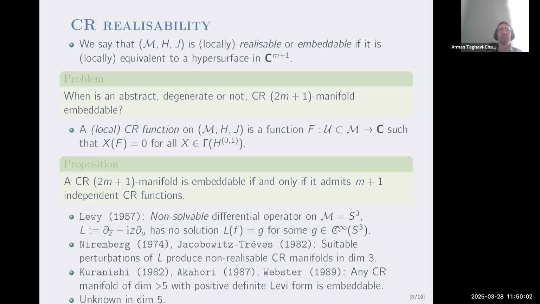This question was also addressed in higher dimensions by people like Kuranishi, Akahori, and Webster much later.